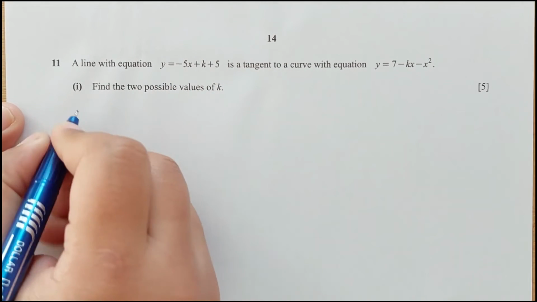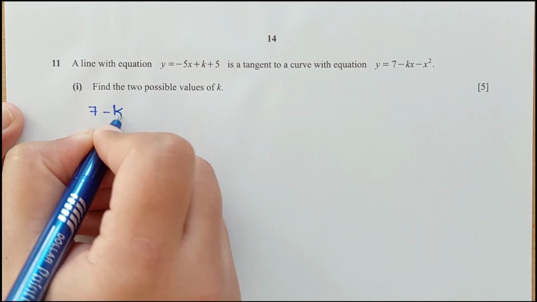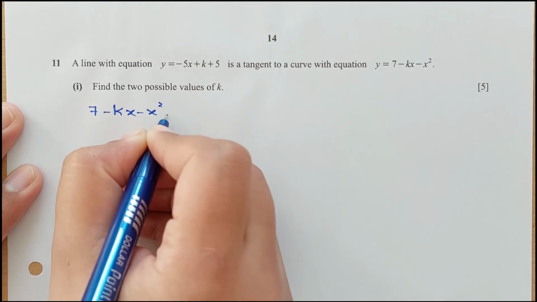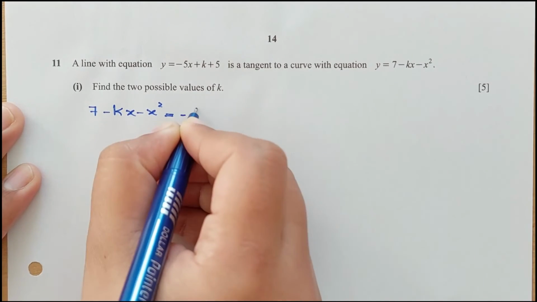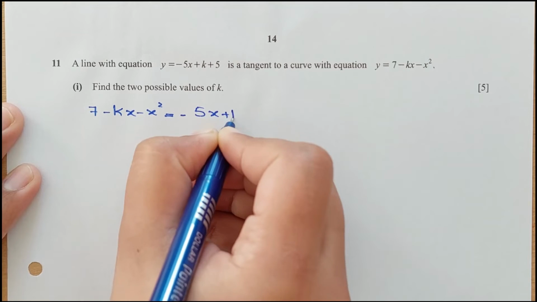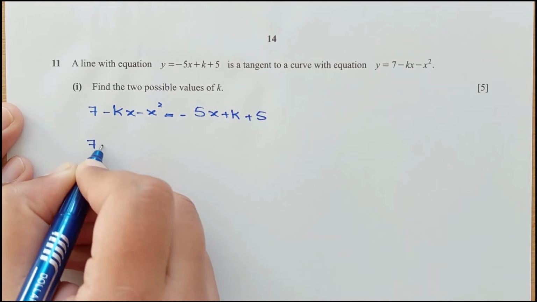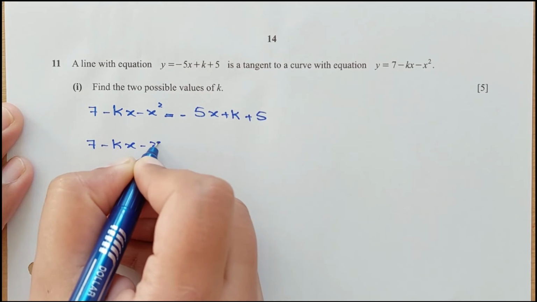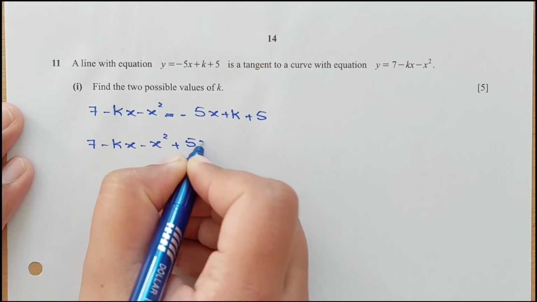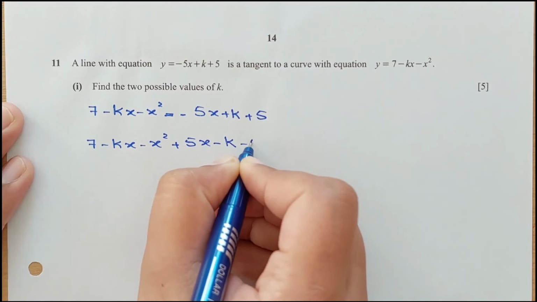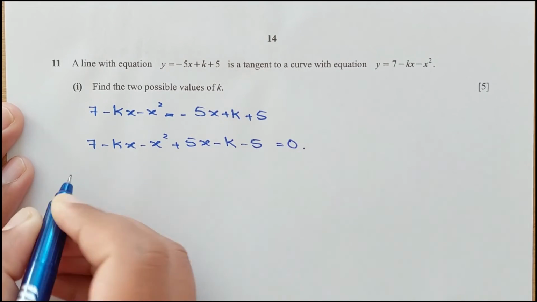So put them equal. We can say 7 minus kx minus x squared equals minus 5x plus k plus 5. So 7 minus kx minus x squared plus 5x minus k minus 5 equals 0.